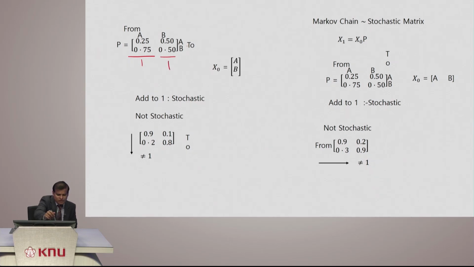So column-wise, it adds to 1. Here this one is not stochastic, as you can see when you add up it's not equal to 1. So that's one of the reasons why we call a matrix stochastic or not stochastic, based on how the distributions are put in this probability matrix.